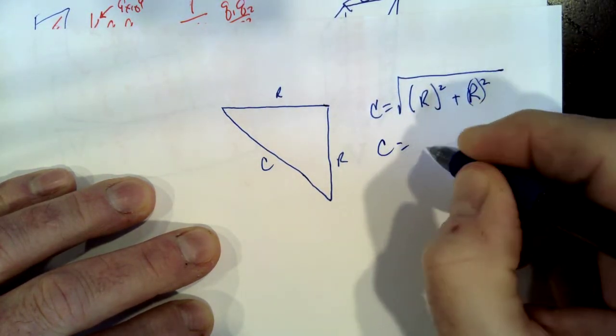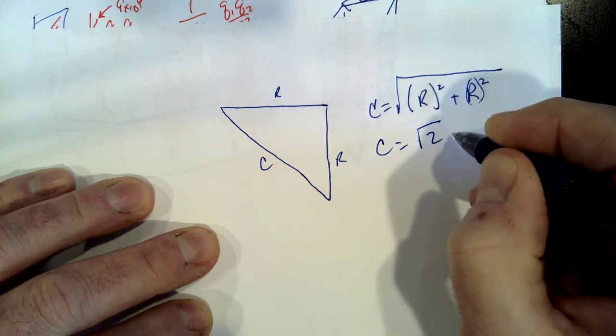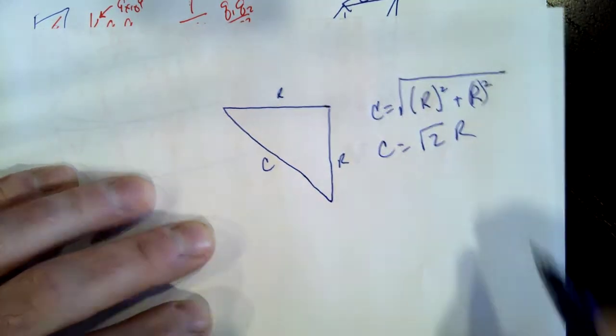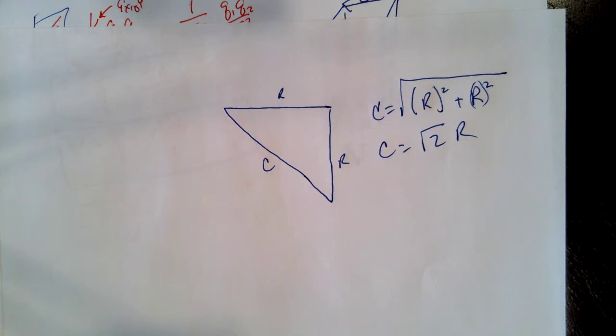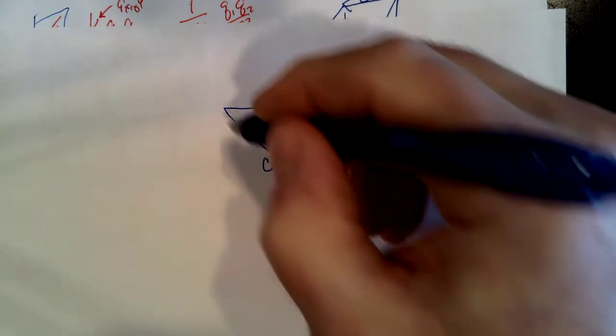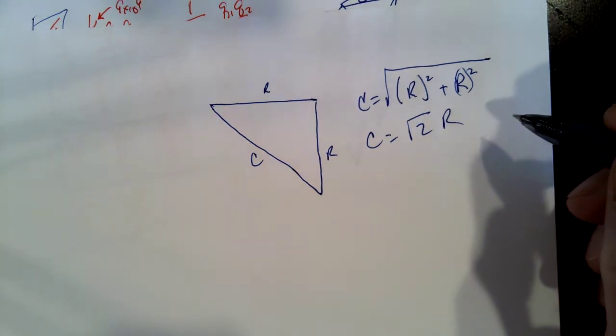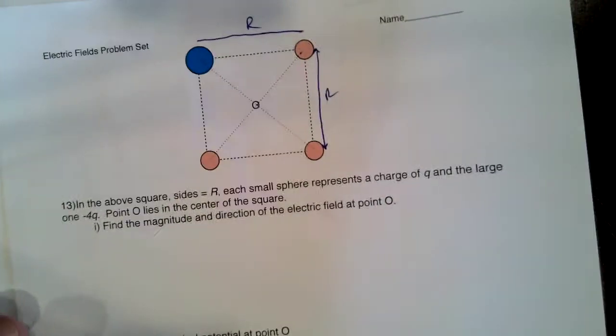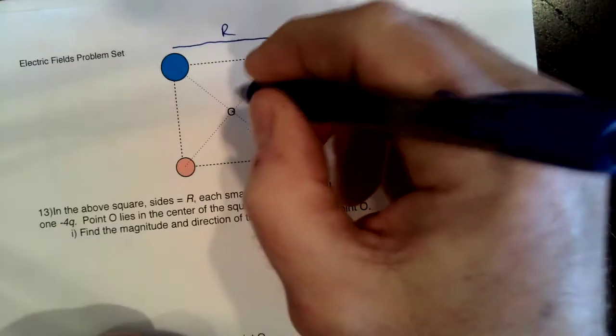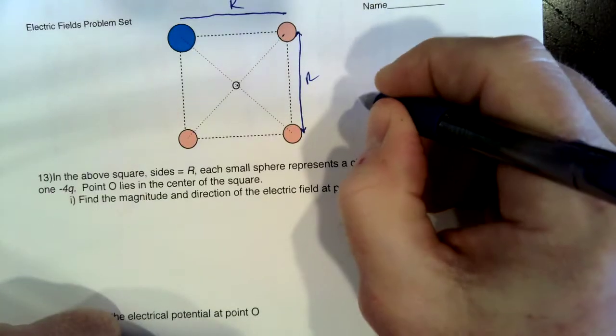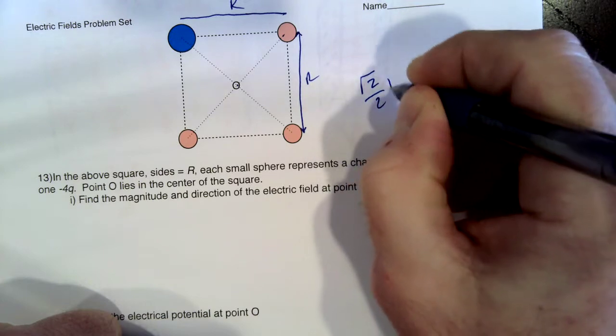So c equals square root of 2 r. Now, remember, that's the distance across the whole thing. We want half that, so it's square root of 2 over 2 r. So that's going to be our distance to the center. Be a square root of 2 over 2 r.